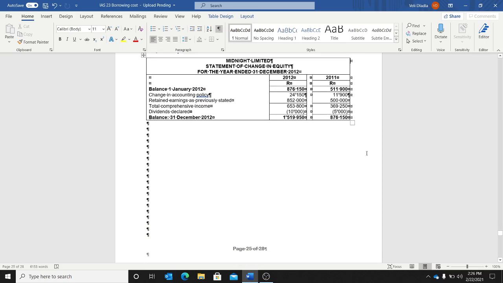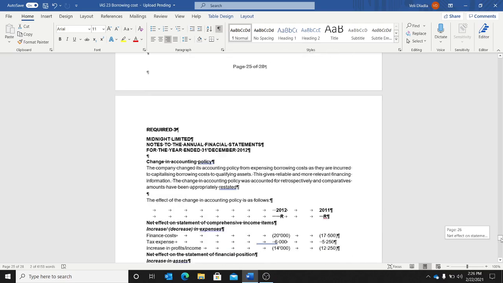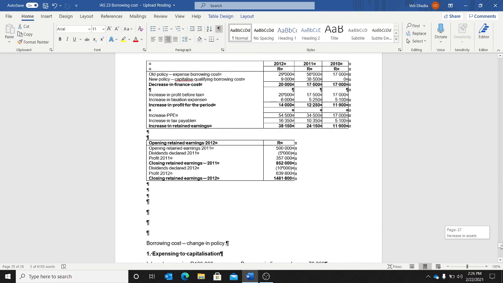Then you will need to get to the space of the statement of changes in equity. Already you must firstly calculate these two. You should know by now. Now, the rule is simple. If I want to adjust with this figure, I will say, how many priors do I have? I have 1. What is the net? Here is the net. Then the next year, how many priors do I have? 2.